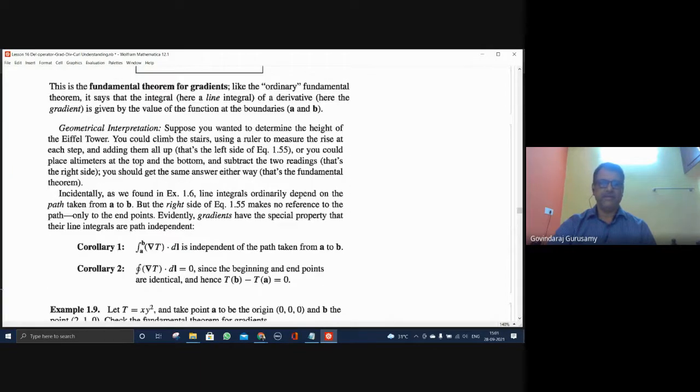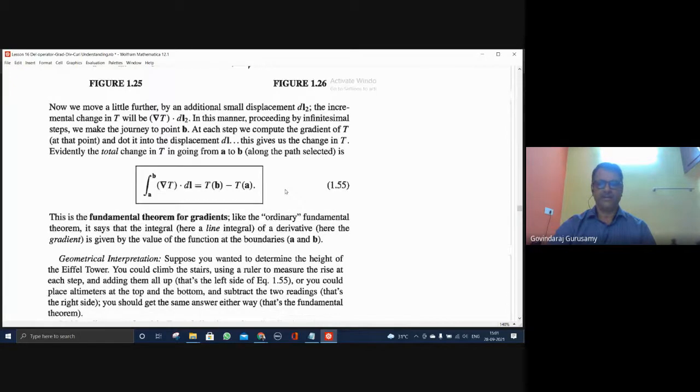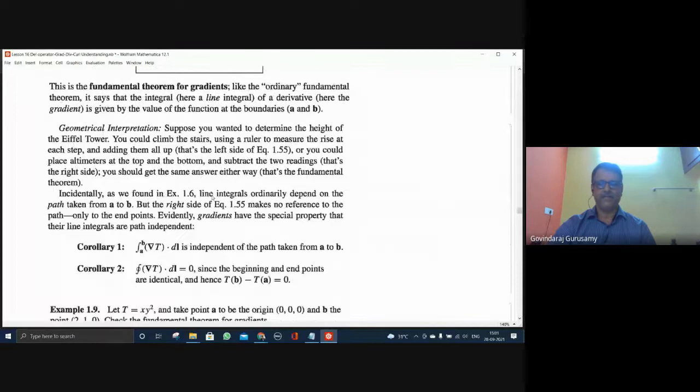What is the geometrical interpretation for this? Suppose we wanted to determine the height of the Eiffel Tower. We could climb the stairs using a ruler to measure the rise at each step, adding them all up. That is the left side of equation 1.55. This is the equation he refers to.